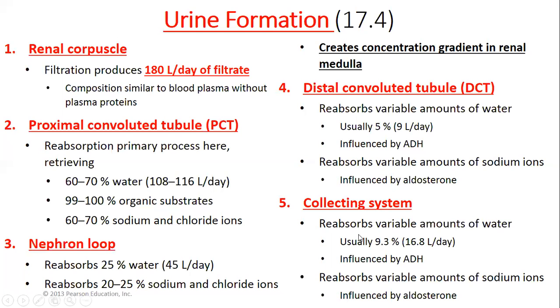And then in the collecting duct, there is mostly just a little bit of water that can be reabsorbed or not, depending on the influence from antidiuretic hormone. Antidiuretic hormone has receptors predominantly in the collecting ducts. There's some in the distal portion of the distal convoluted tubule as well.